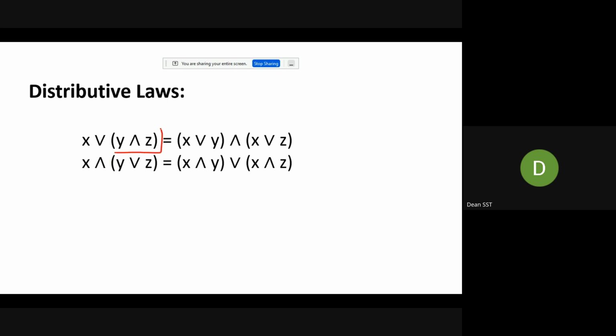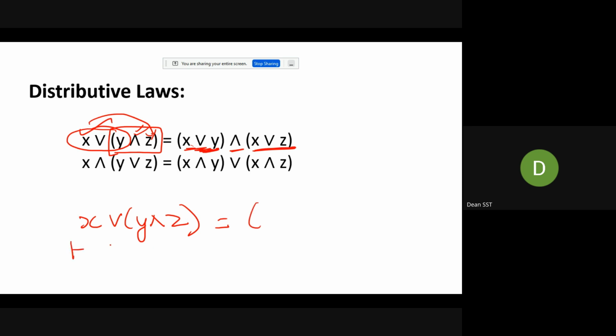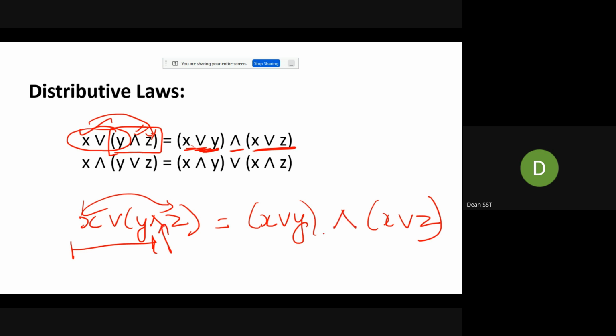Here we have x, y and z, so we can write a combination like this. x or (y and z) is equal to the combination (x or y) and (x or z), with this operator in between. So this is the distributive law.